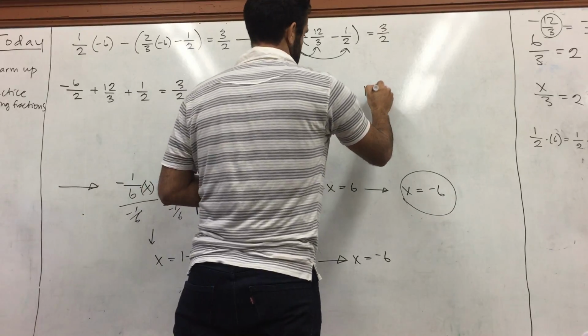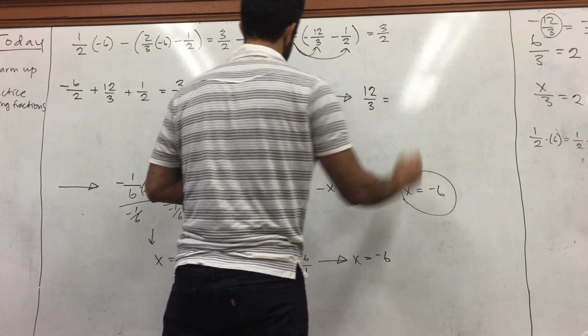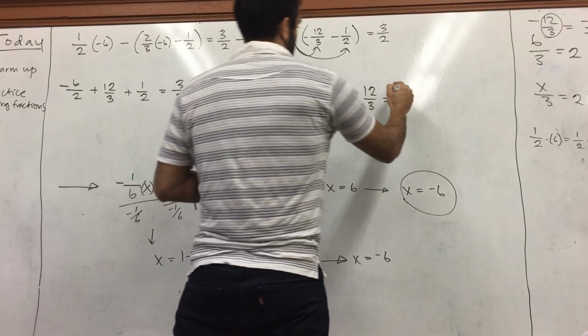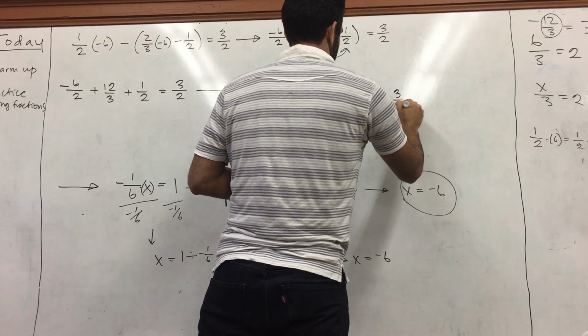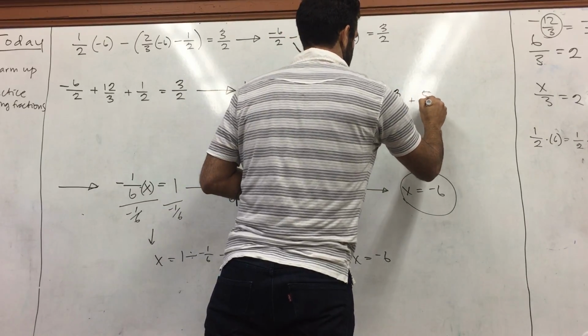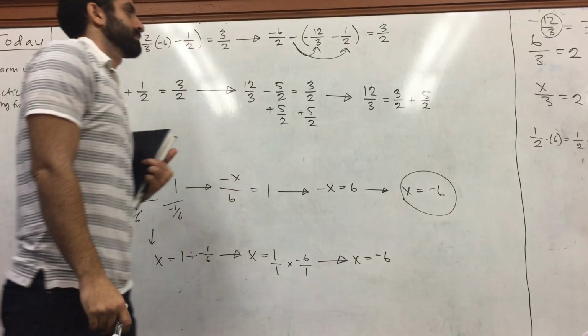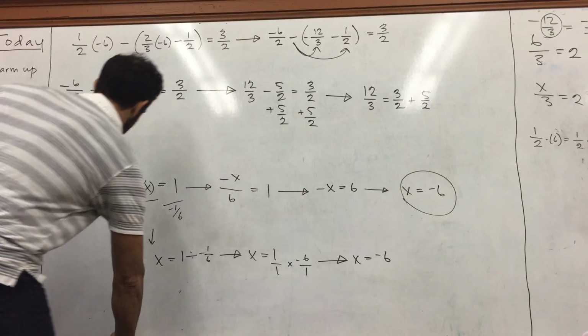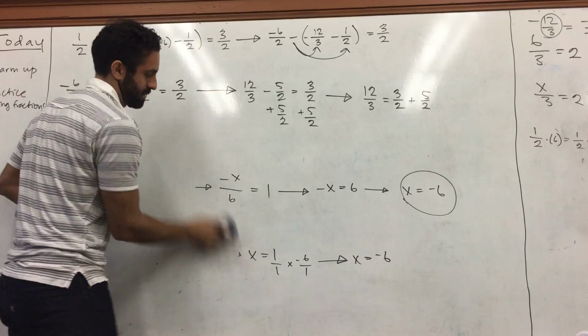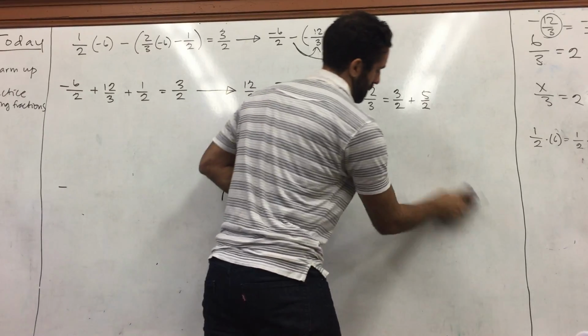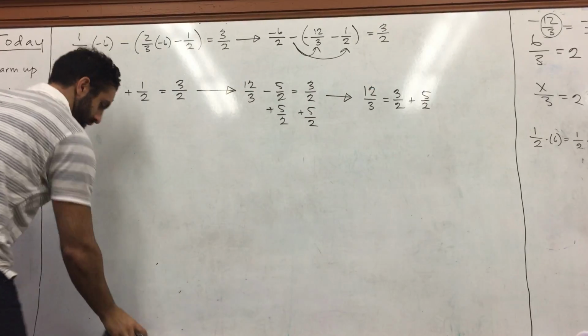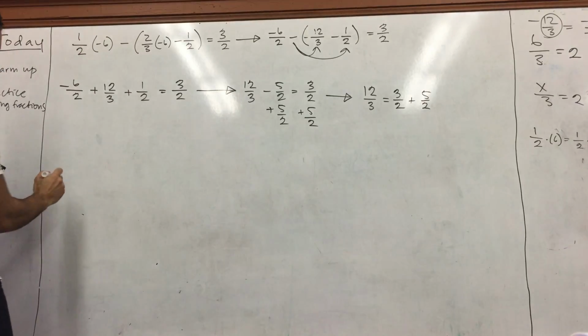It's going to give us 12 over 3 is equal to 3 halves plus 5 halves. Okay.